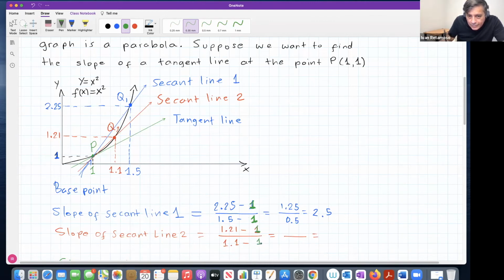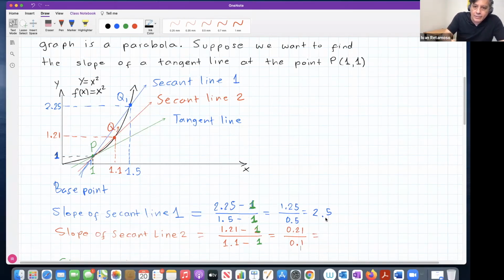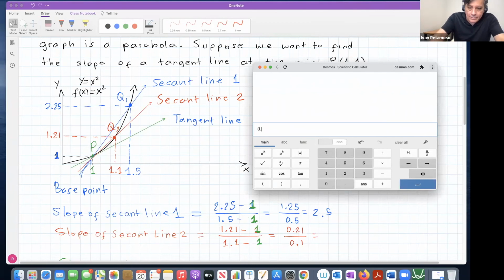You will notice that the base point always goes here, but these other values change. This difference is clearly equal to 0.21, now divided by 0.1. But what is this division? Let's do it in our calculator, scientific calculator of your choice or the Desmos scientific calculator.